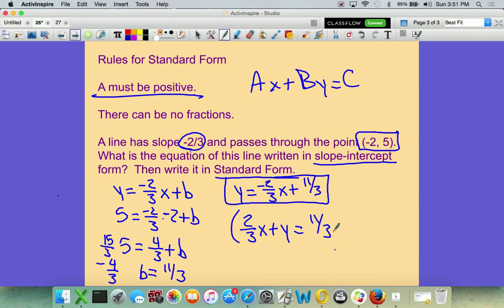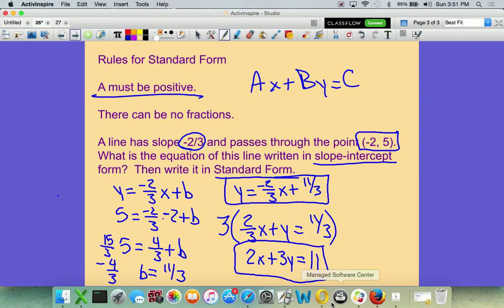To get rid of our fractions here, we need to multiply by the least common denominator. In this case, that's a 3. 3 times 2/3 is 2x plus 3y equals 3 times 11/3. The 3's cancel, so we're left with 11. And there's our equation written in standard form.